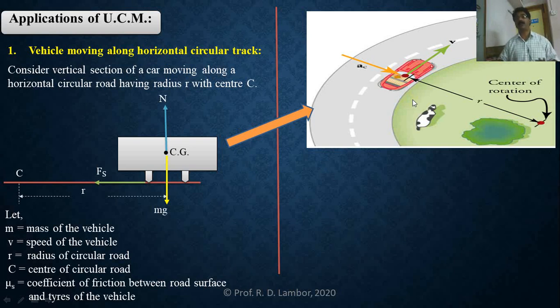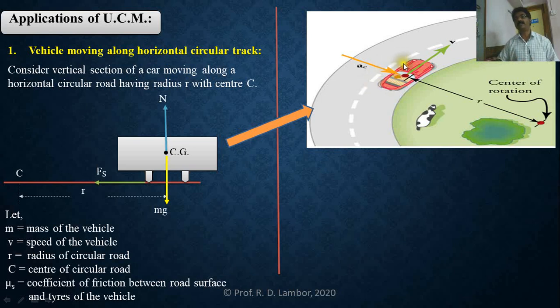That's why it is a horizontal circular track, and this track has its center at this point. This circular track has a radius r, and your vehicle is moving with speed v. That time it is performing circular motion, taking a turn towards the right.